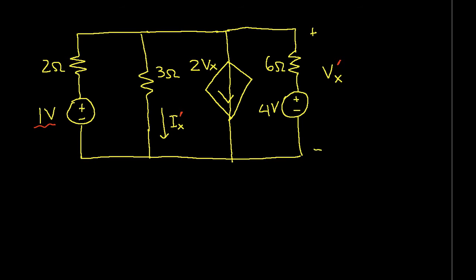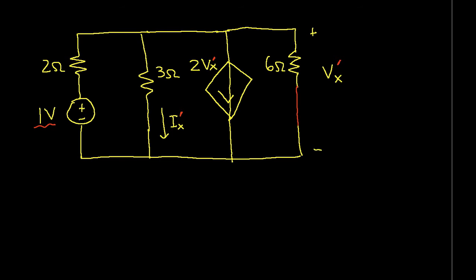Now one thing that sometimes isn't clear is when we're solving due to one source and we have a dependent source, the dependent source is dependent on the voltage in this circuit alone and not in the circuit with both sources. Now to make this what we need, we actually have to also get rid of the 4 volt source and replace it by just a short circuit. So now we have the circuit that we need to solve for.